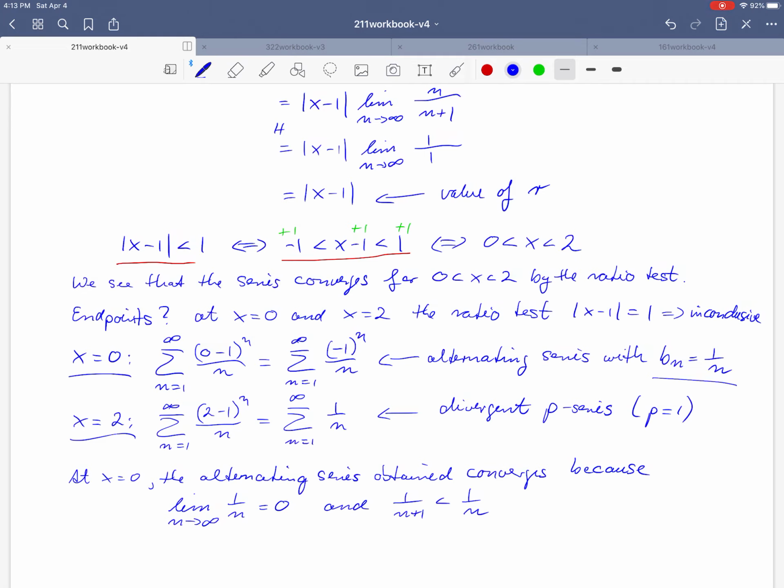So the alternating series converges by the alternating series test.